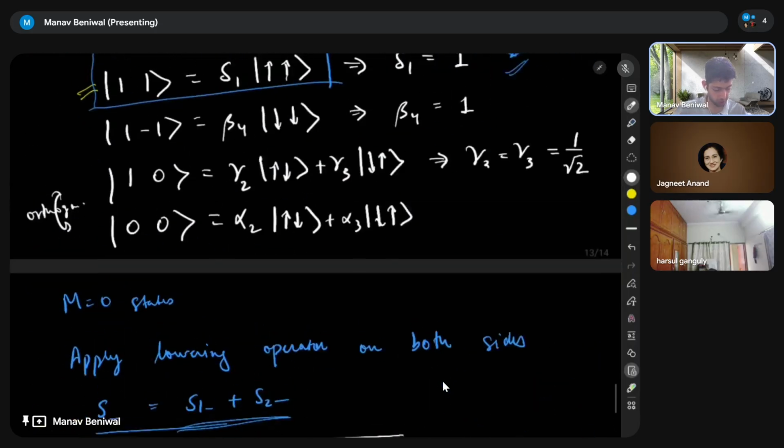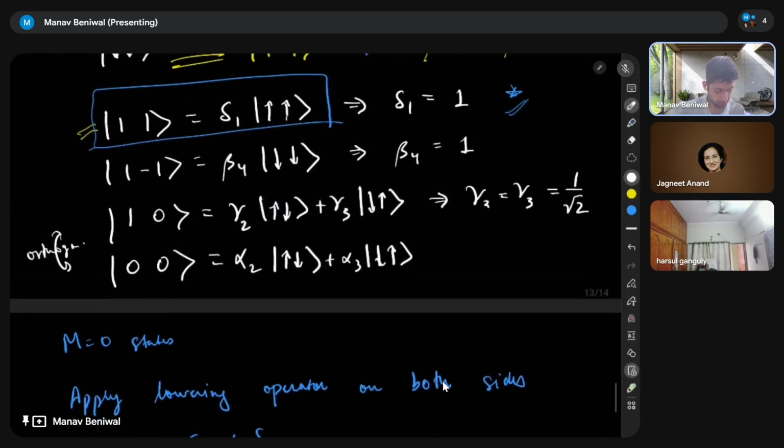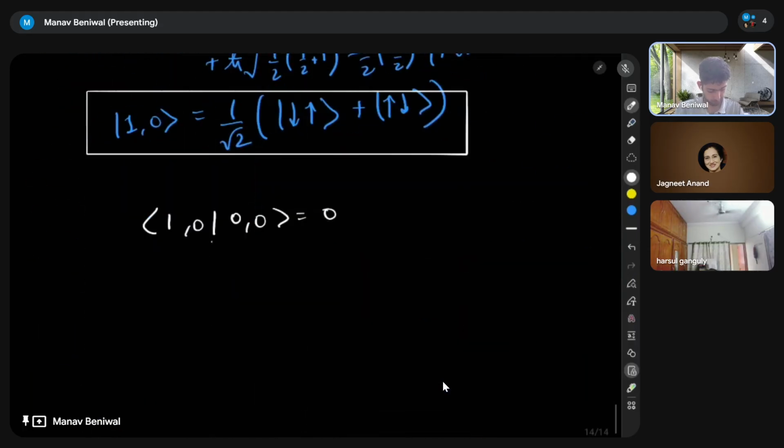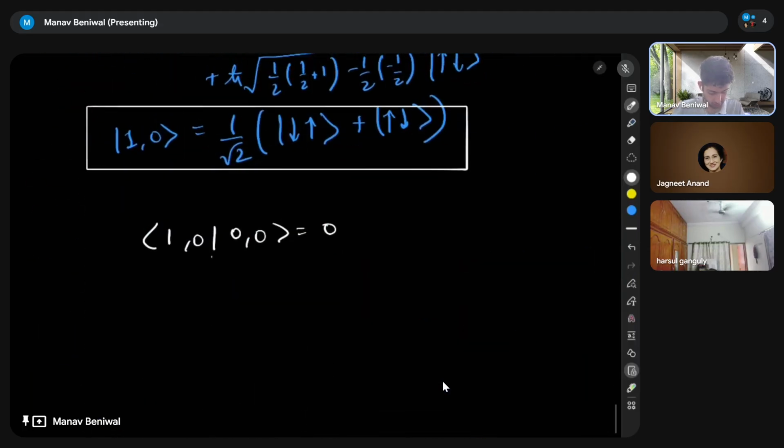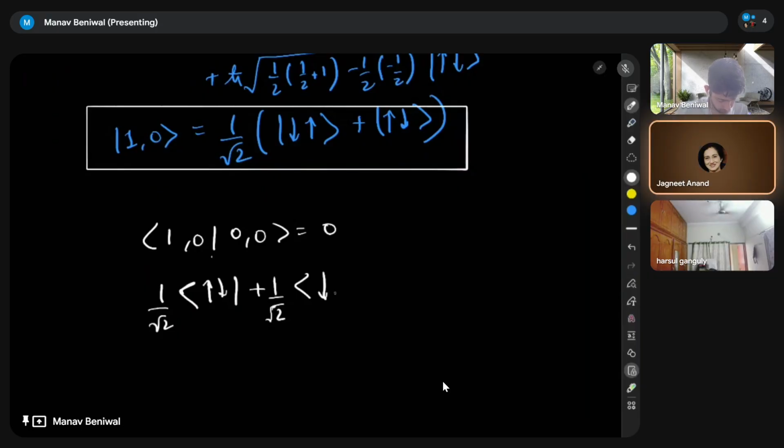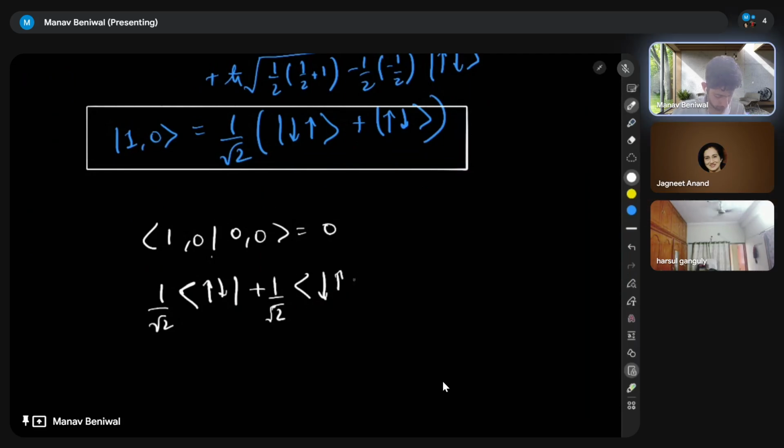Now 1 0 we have already written as 1 by root 2 up down plus 1 by root 2 down up.